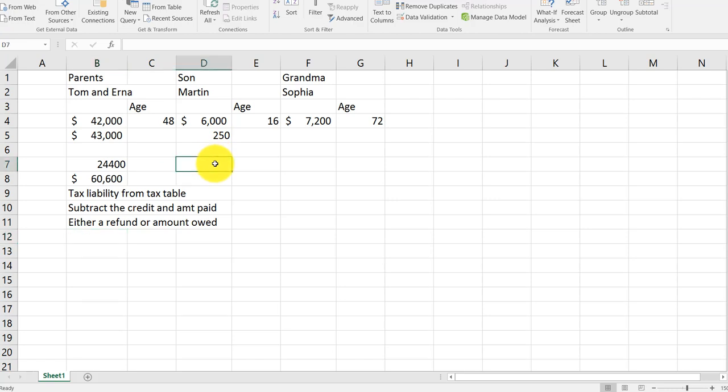Now, because he is a dependent, his standard deduction is not $12,200 for a typical filer. He's going to file single, because that's what he is. He's obviously not the head of a household. He doesn't have any dependents of his own.